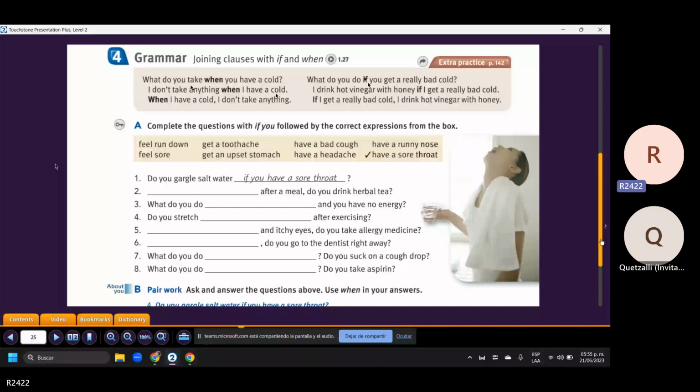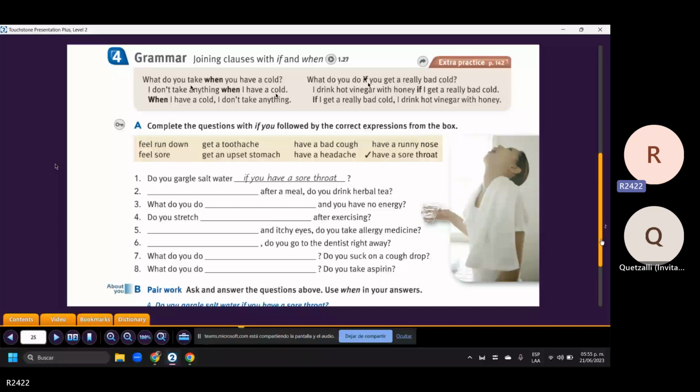Okay. So in these clauses, we are talking more about conditionals: a condition and a result. For example, we have two phrases in present simple, right?